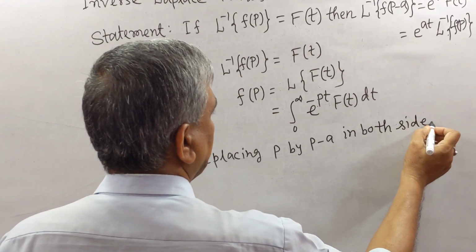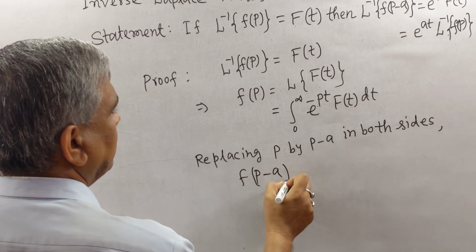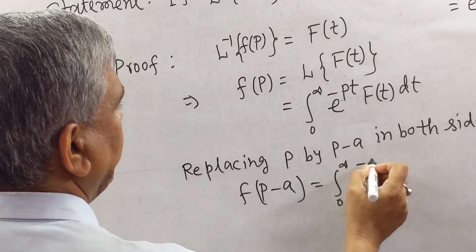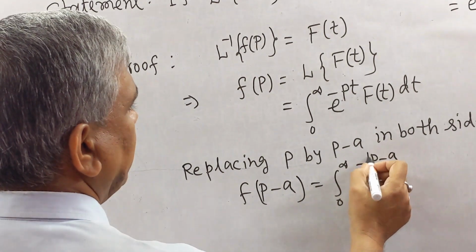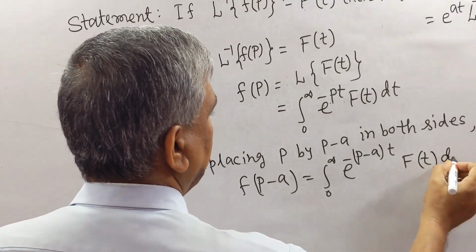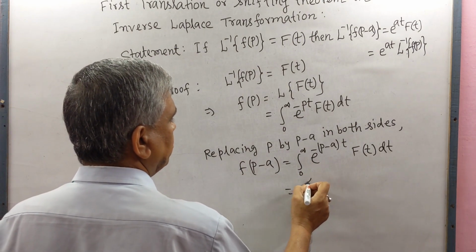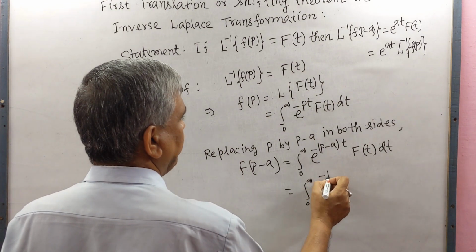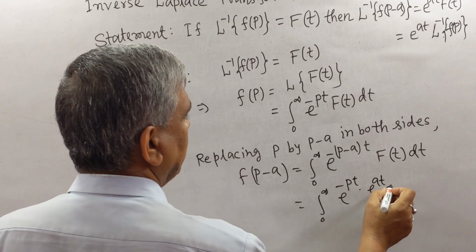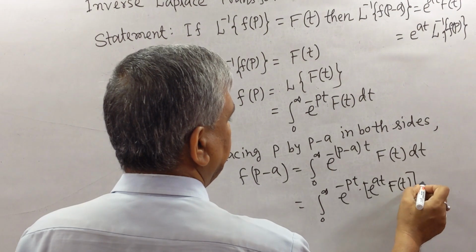We get F(p minus a) equal to integral 0 to infinity e to the power minus (p minus a)t f(t) dt equal to integral 0 to infinity e to the power minus pt e to the power at f(t) dt.